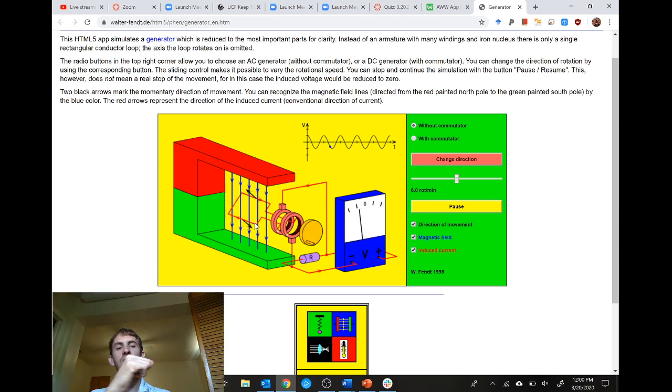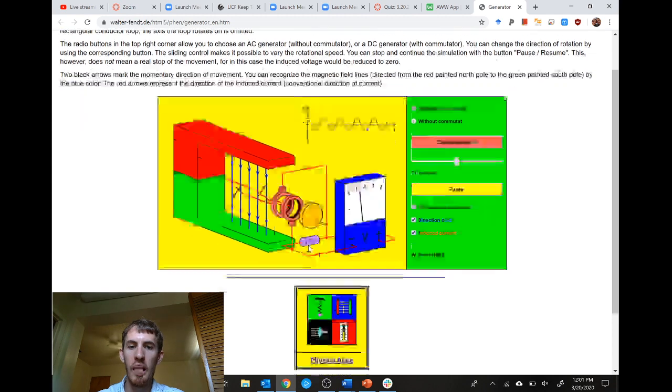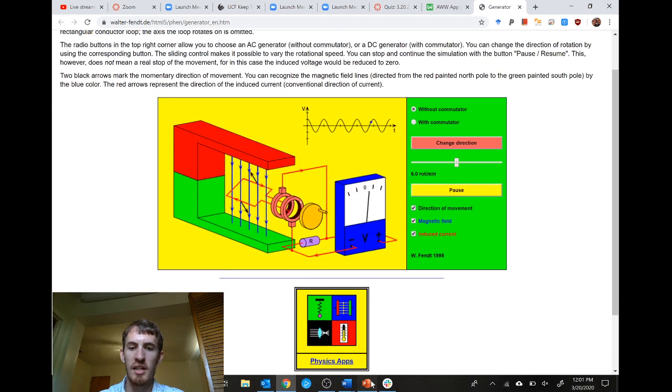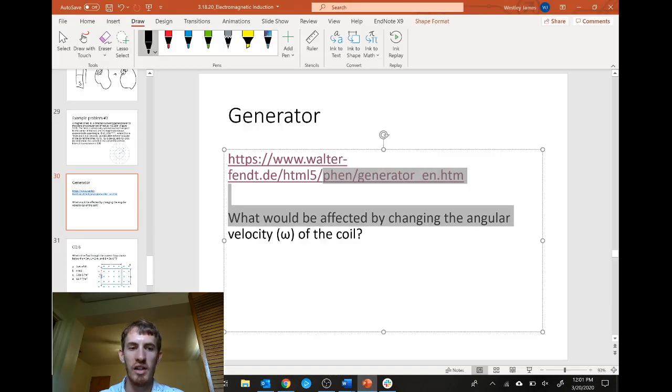So it actually changes as it rotates. So here I'm gaining and now I'm losing lines that are down. Now I'm gaining, it just keeps flip-flopping. And so you actually get this voltage that oscillates because sometimes I'm gaining lines, sometimes I'm losing lines. And it's always wanting to oppose that change. So just look at this, see if this makes sense to you. This is a good way to check your understanding of this. And then again, that's a very functional use.